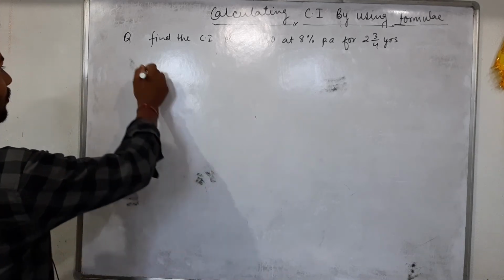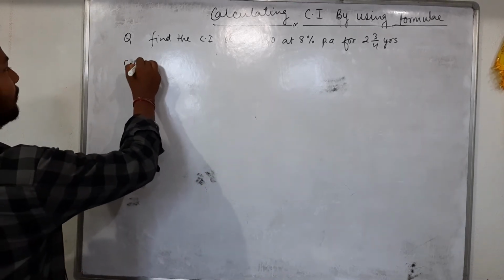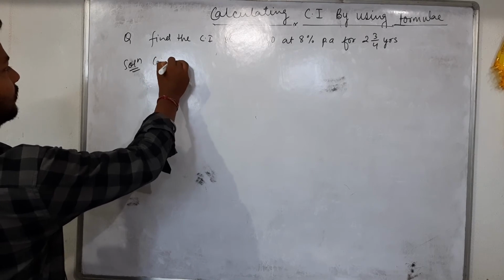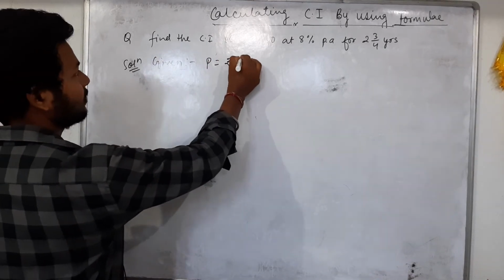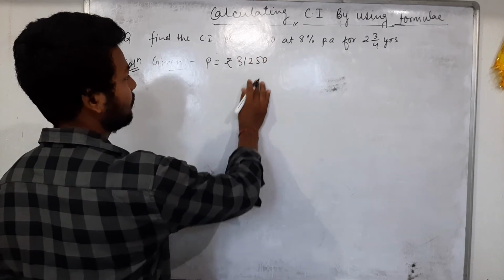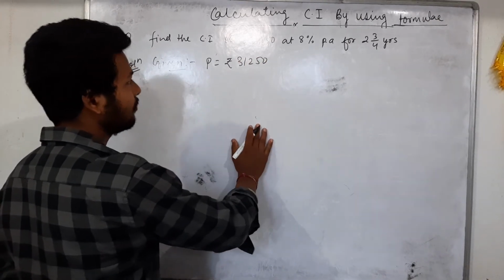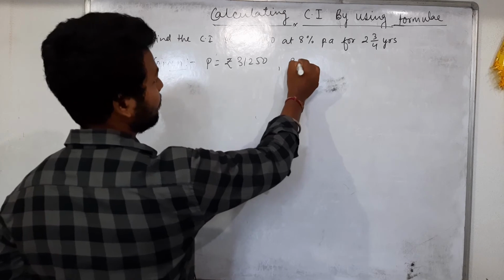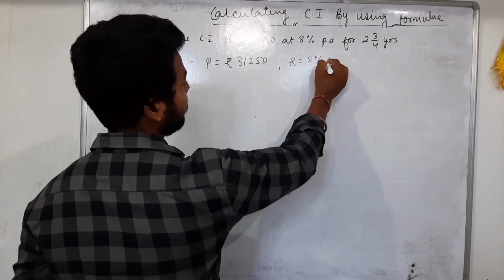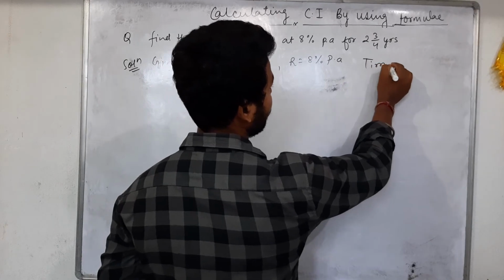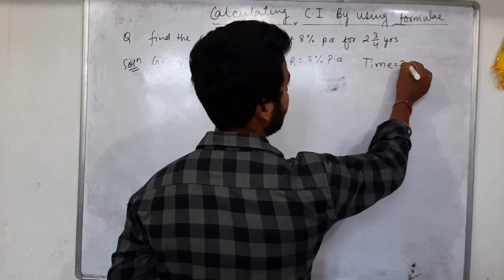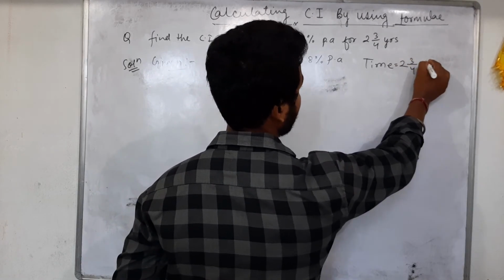Okay, so the given part in this question is that principal is equal to rupees 31,250, and the rate percent is given, that is 8% per annum, and time is given, that is 2 whole 3/4 years.